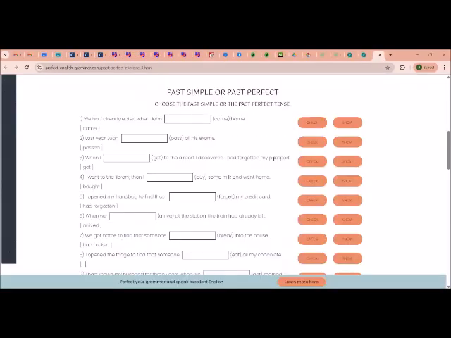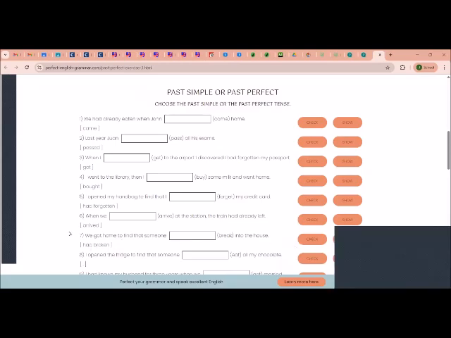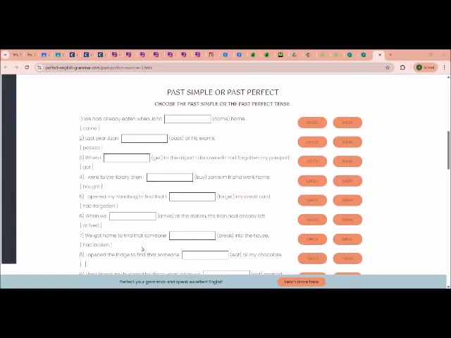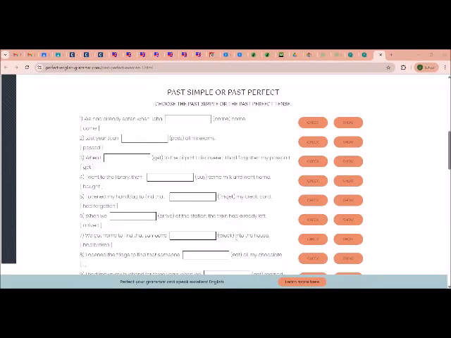So in this example, it is we got home to find that someone had broken into the house. Basically, they broke in before you got home. Repeat. We got home to find that someone had broken into the house. All right. Maria Fernanda, number 8.